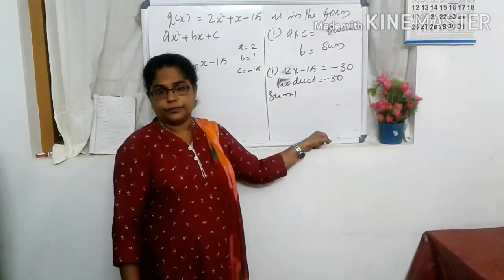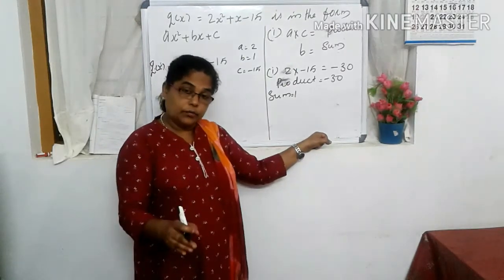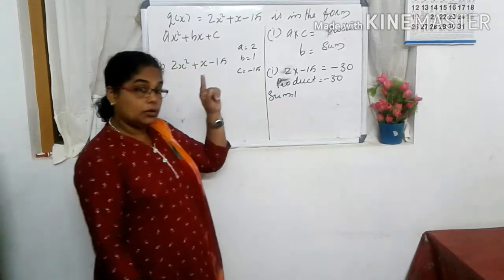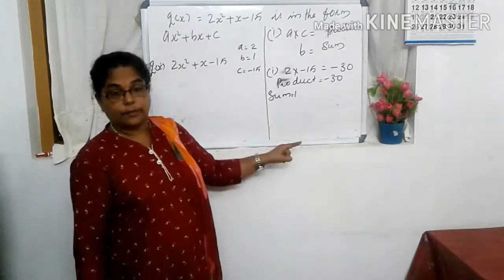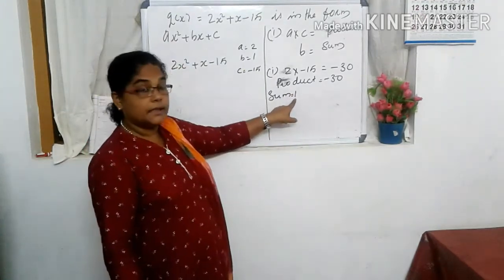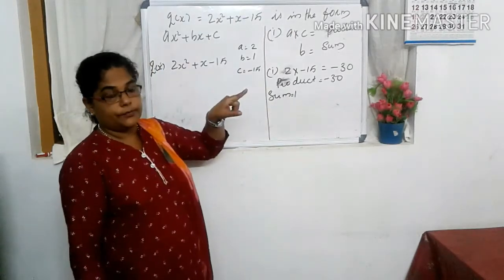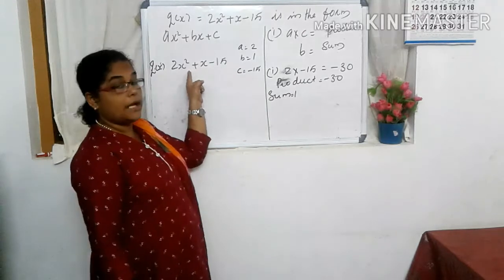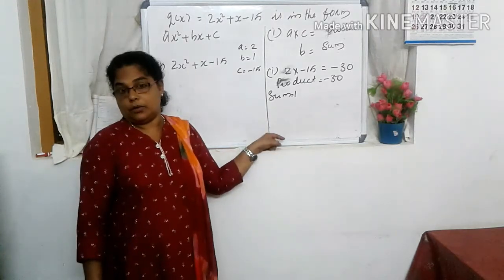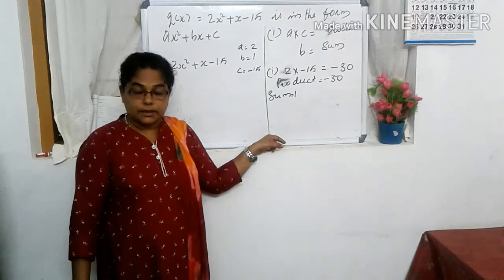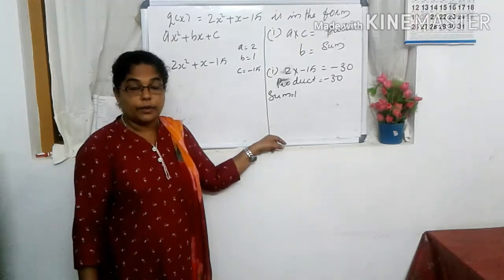So one negative and one positive. Which should come negative and which should come positive? Here the sum is plus, the middle term is plus. The middle term sign should go with the bigger number. So 6 and 5, which is bigger? 6 is bigger. So what is the sign of 6?